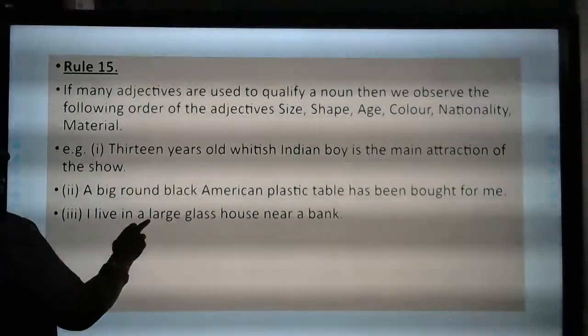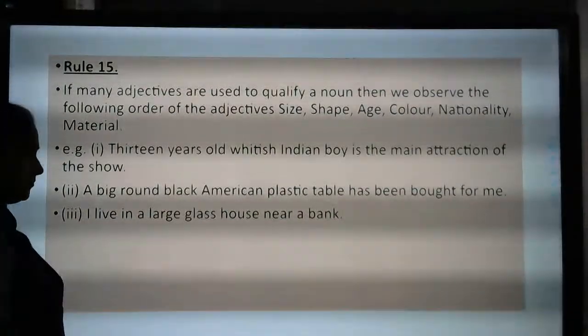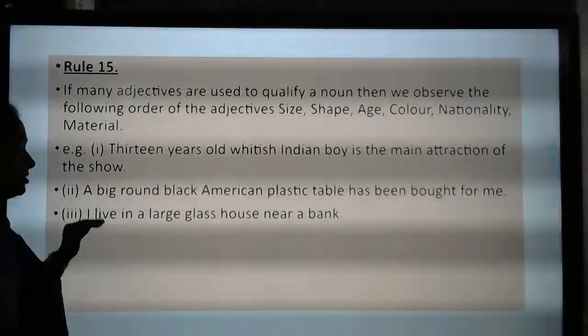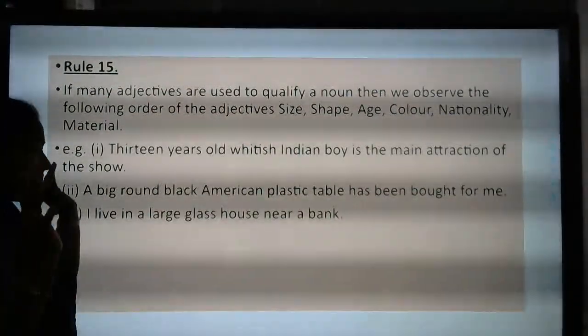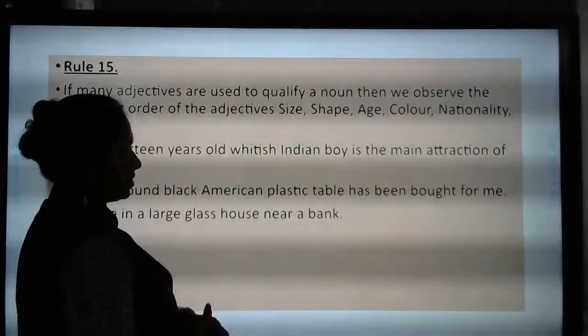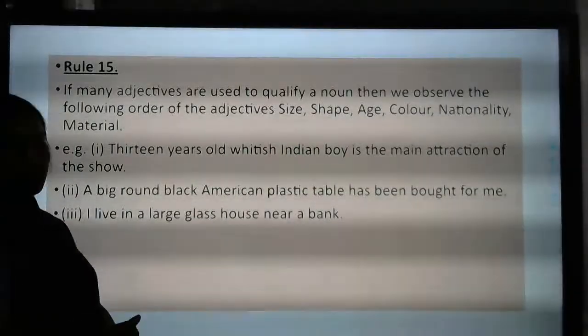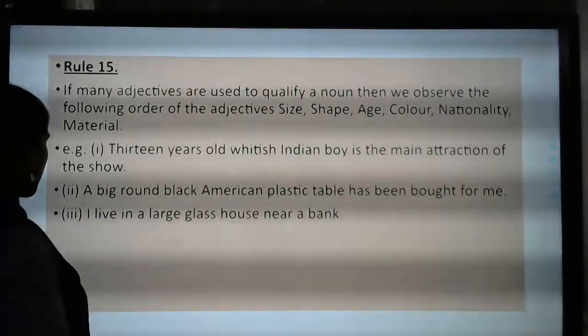I live in a large glass house near a bank. So how is the house? Large, size, and then glass, material, are used for the house. So two adjectives are used for one noun, house.